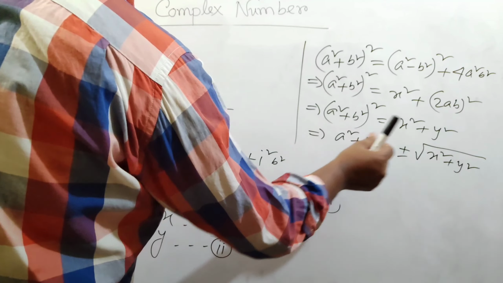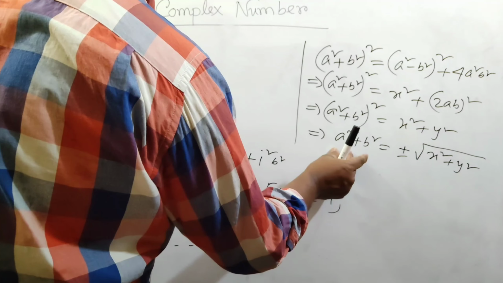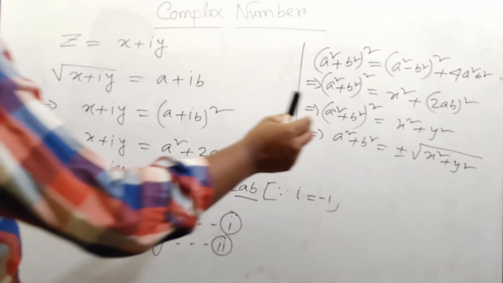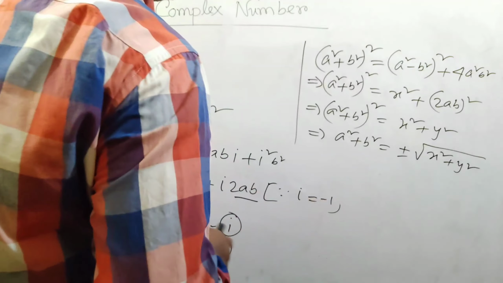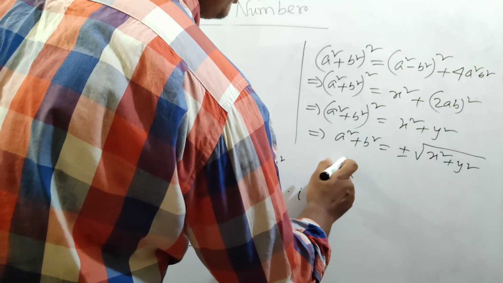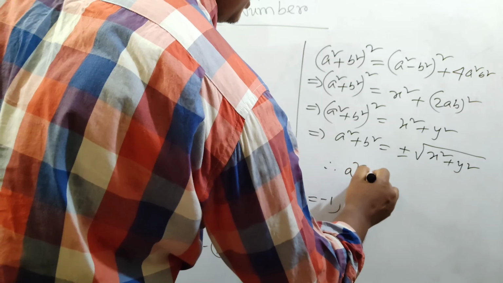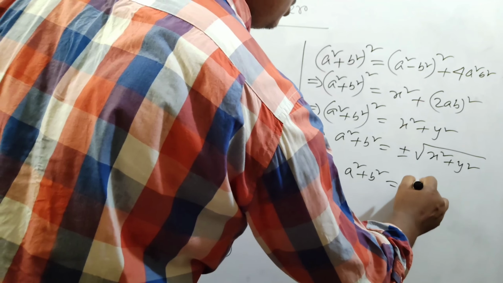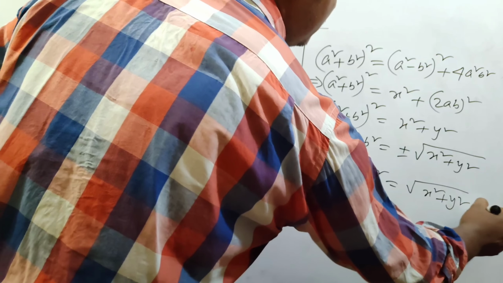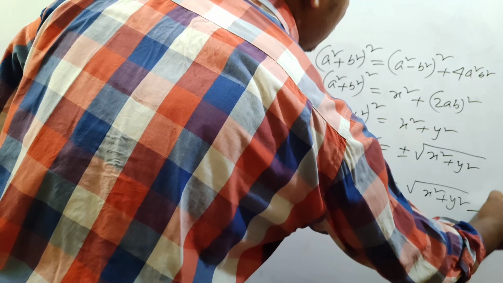We know that this part is the sum of two square numbers, and the sum of two square numbers cannot be negative. So the value should be only the positive one, that is a square plus b square equals root over x square plus y square. This is equation 3.